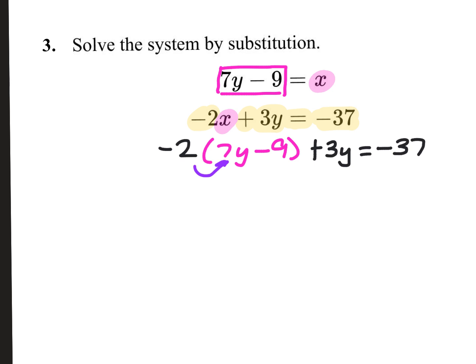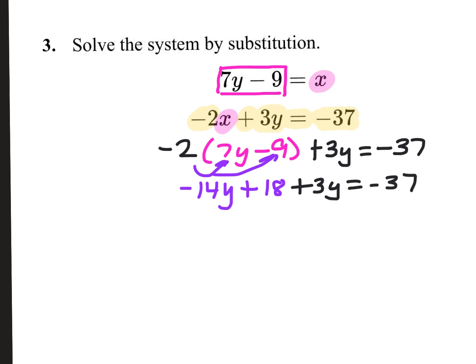So negative 2 times positive 7 is negative 14. And I need to add on the y. Negative 2 times negative 9 is positive 18. Then I'm going to bring down the rest of the equation, the plus 3y and the equals negative 37.